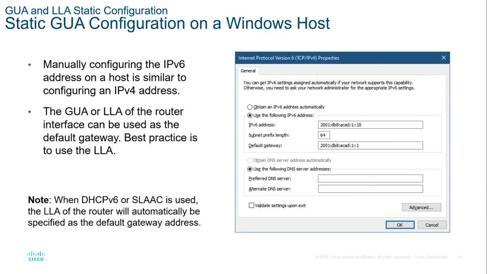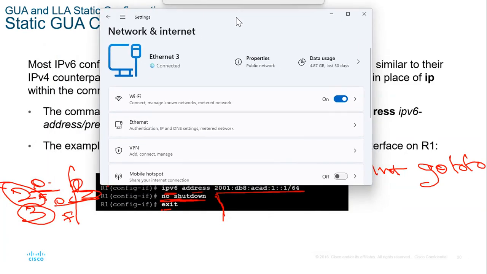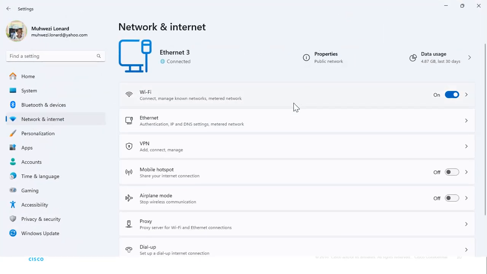So if you want to assign an IPv6 address statically, we expect this. Let me see if I will be able to get it. Okay, so let me share here, as you can see.